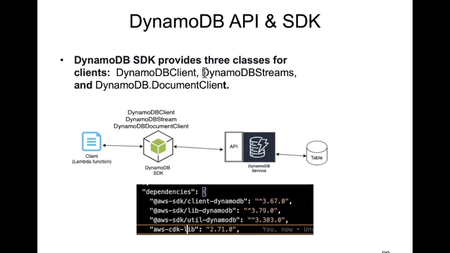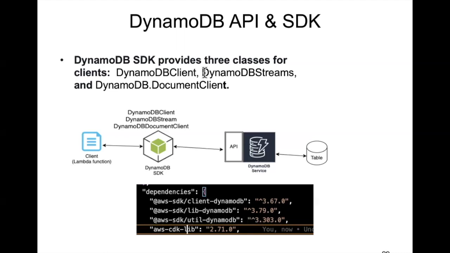So in the diagram I'm showing you there, on the left, typically we have a Lambda function which wants to interact with DynamoDB. And so the Lambda function will use the DynamoDB SDK to facilitate sending requests to the DynamoDB service for the purpose of extracting items from a table or adding items to a table.